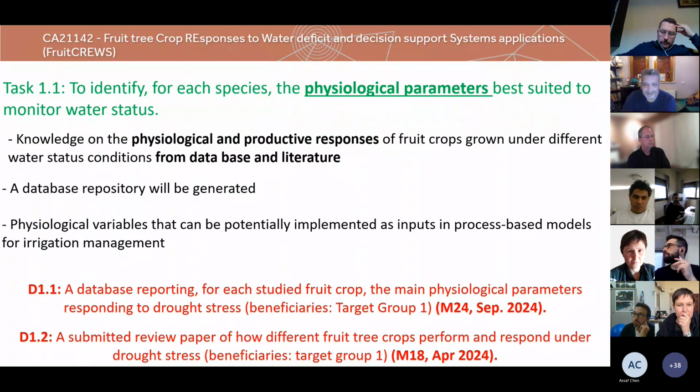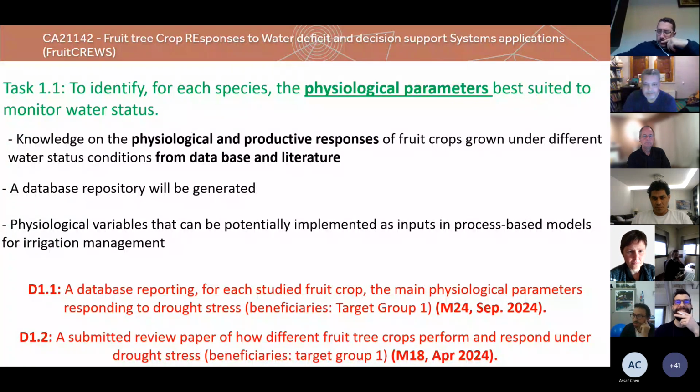tasks. So task 1 of the WG is addressed at identifying for each tree species the physiological variables best suited to monitor water status. So the idea is to increase the knowledge about the physiological and productive response of the tree crops under different water conditions, taking advantage of literature, but above all of a database, so of our data maybe.